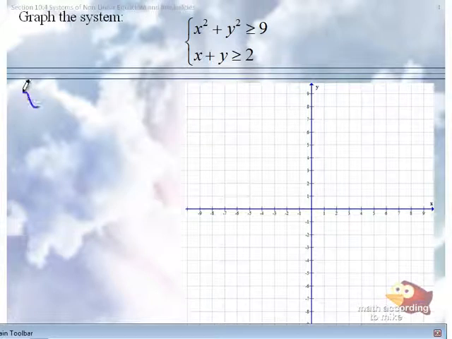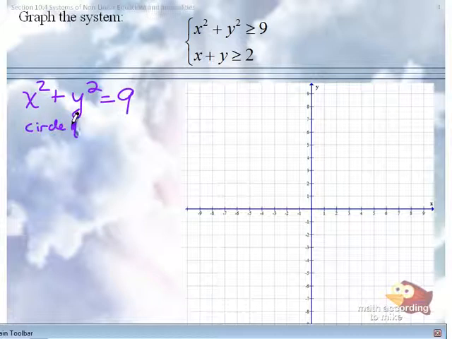We're going to ignore the inequality for now, and we're going to graph the associated equation, x squared plus y squared equals 9. What does x squared plus y squared equals 9 look like? Of radius? And where is it centered?